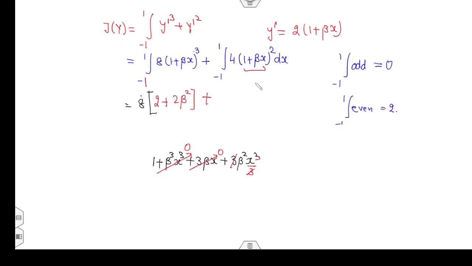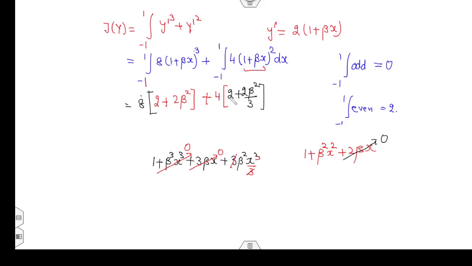Plus similarly for this square, it is 1 plus beta square x square plus 2 beta x. Again, you can see this is the odd function, so this is 0 and it is twice the x cube by 3. So it will be twice beta square over 3.